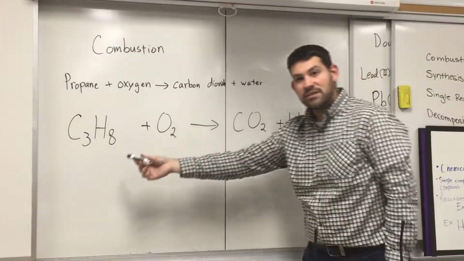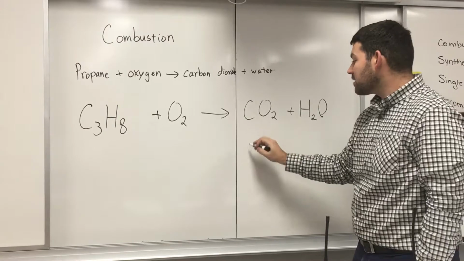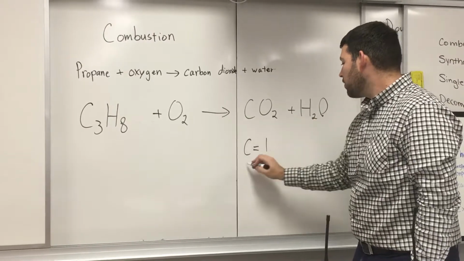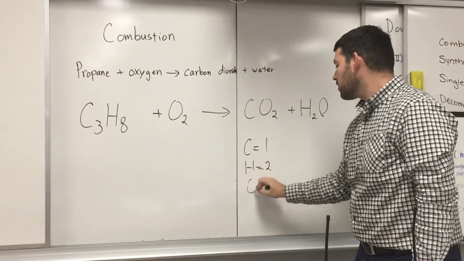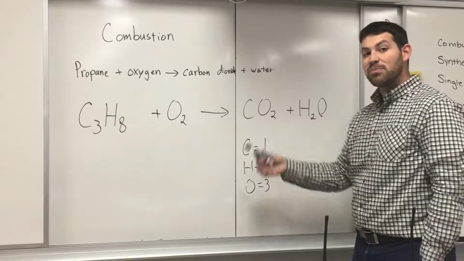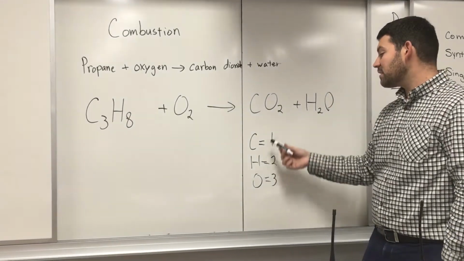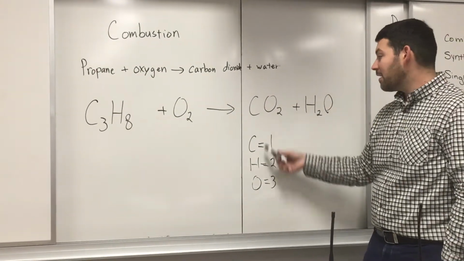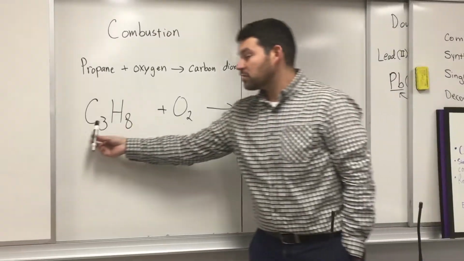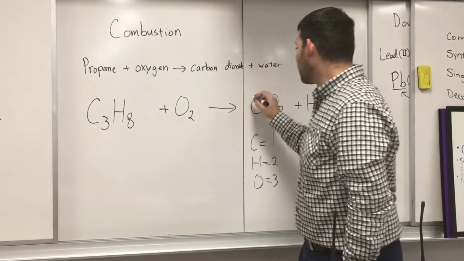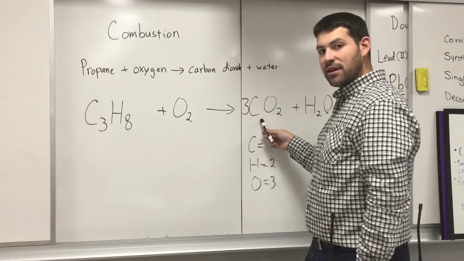We need to balance. If we look on the product side, we have 1 carbon, we have 2 hydrogens, we have 3 oxygens. Balancing a combustion reaction is as easy as 1, 2, 3. However many carbons we start with, 3, we're going to put that in front of the carbon dioxide.